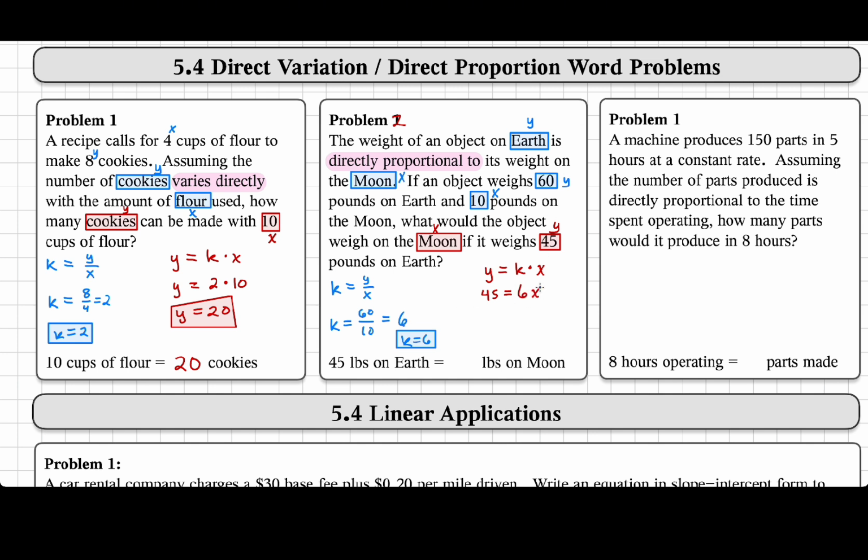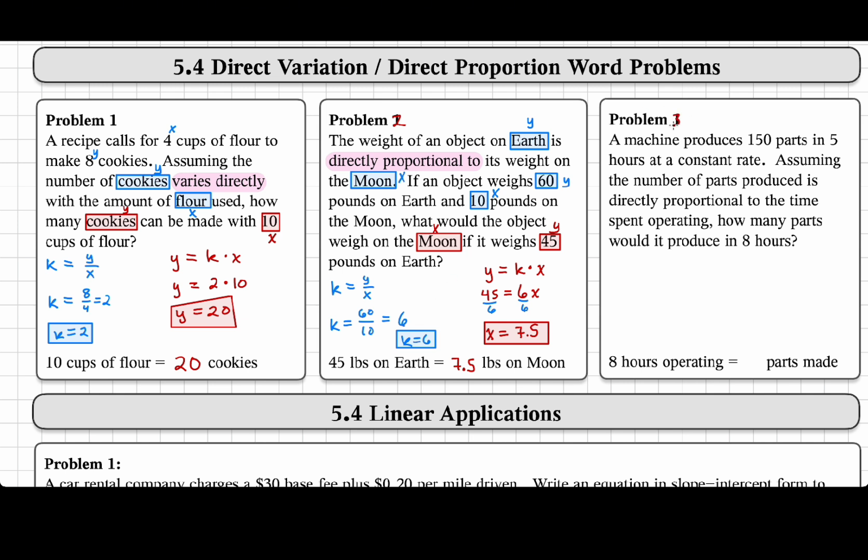If we divide by 6 on both sides, we're going to be left with x equals 7.5. So to interpret this, we're going to have 45 pounds on Earth is equal to 7.5 pounds on the moon.